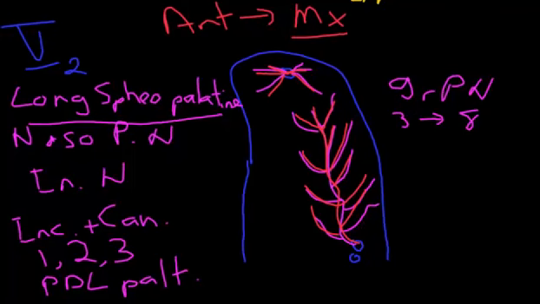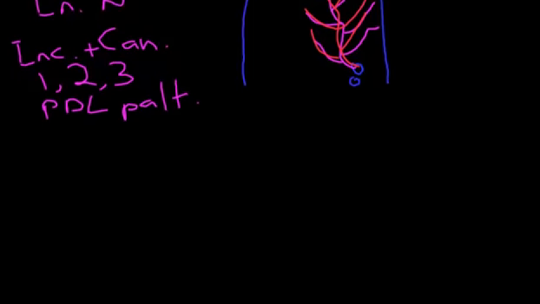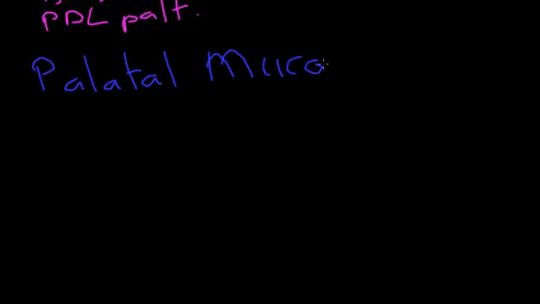Just to spend 3 minutes talking now about the mucosa of the palate. And remember, mucosa is always determined by function. The type of mucosa is always determined by its function.